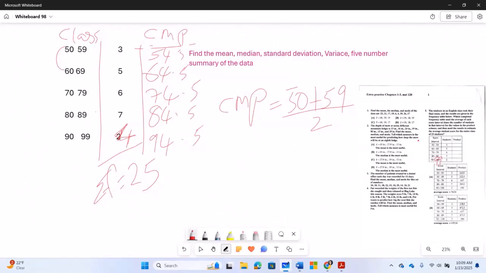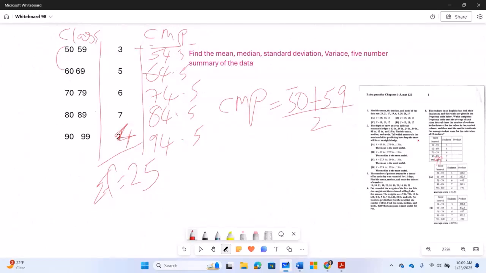In other words, check the mean and the median and see if they are equal. If the mean is equal to median, the data is not skewed. The data is bell-shaped. If the mean is greater than median, data is skewed right. And if mean is less than median, data is skewed left. So we want to check all those things.